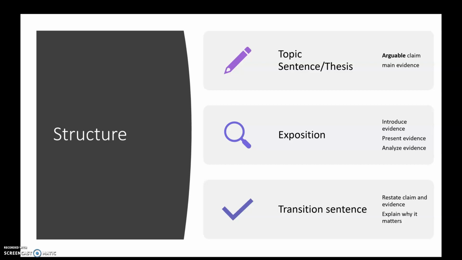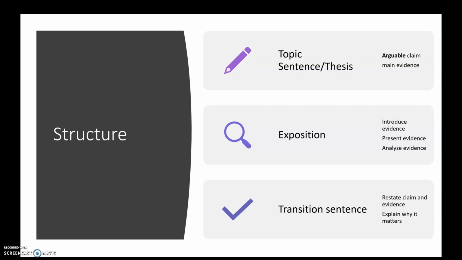And your topic sentence should include, we'll go into more detail about how to do this, your claim and your main evidence. And I'm really going to be looking for a specific format in your topic sentences here because we're going to be using them to make thesis statements when we get to essays in a week or so. So your exposition, you're going to follow that IPA.